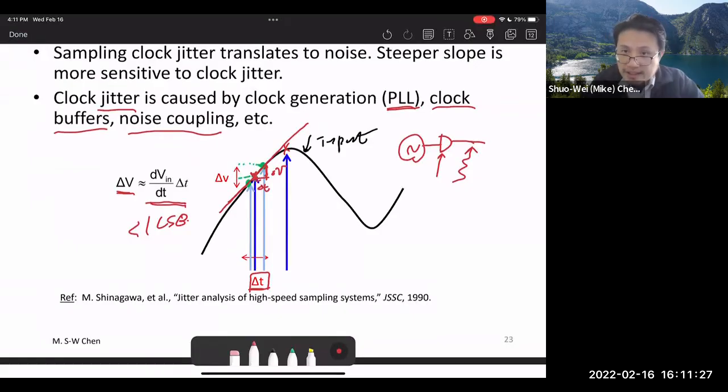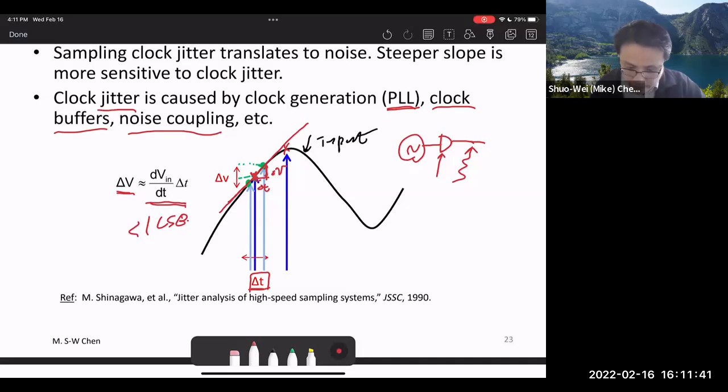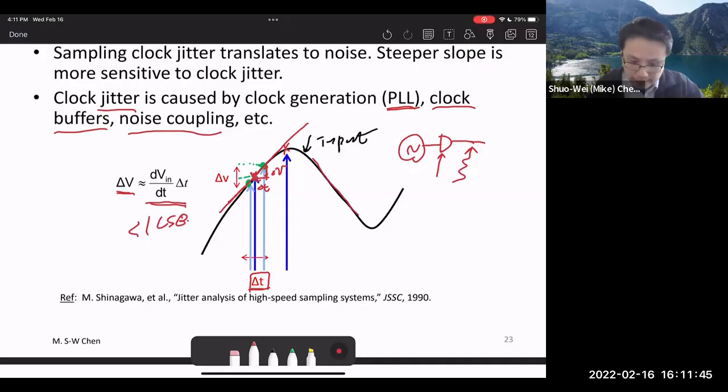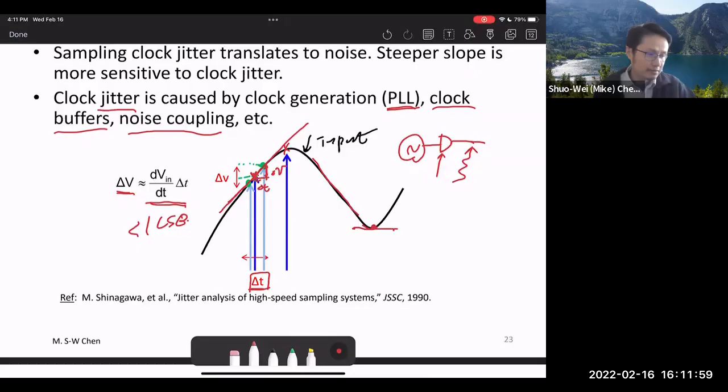Where do you think will give you the worst case? Near the middle point, near the zero crossing? Yeah, you basically just look at the slope. It could be here, where the slope looks very sharp, or right around the point I showed you earlier. Certainly it won't be here, because the slope here is very flat, at the very bottom.